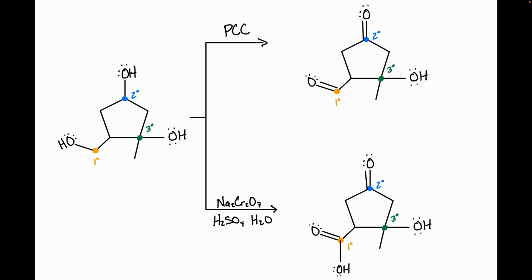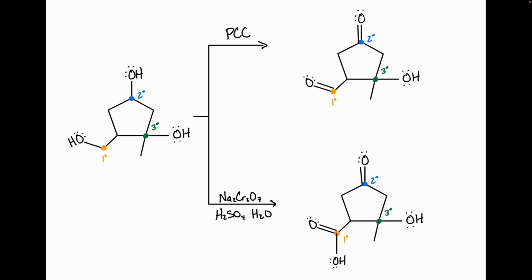So the big difference here is what happens to our primary alcohol. We get an aldehyde with a weak oxidizing agent, and we get a carboxylic acid with a strong oxidizing agent.